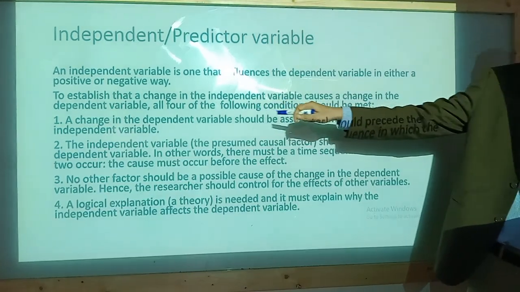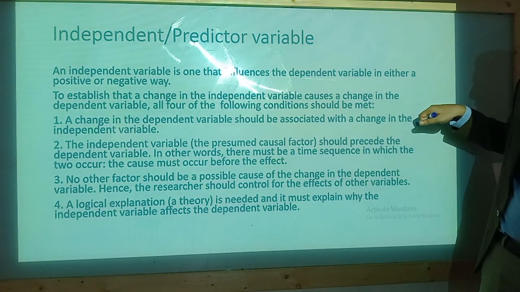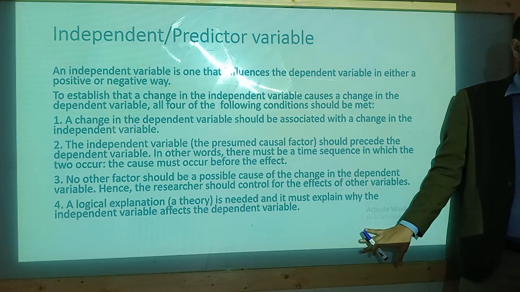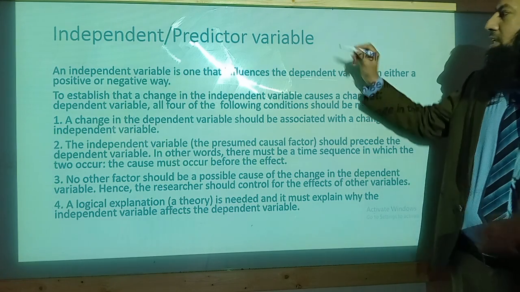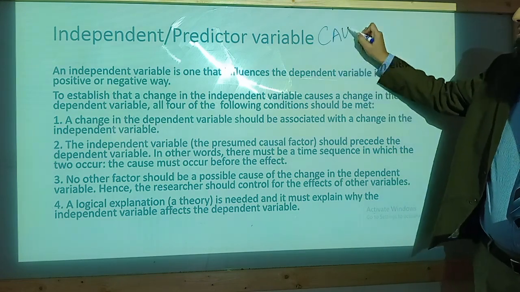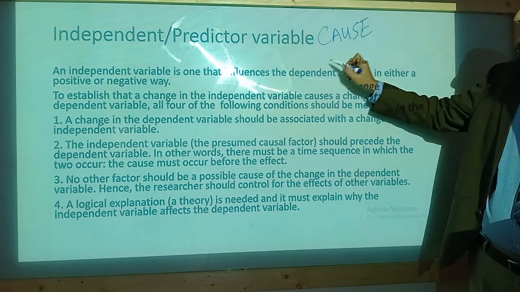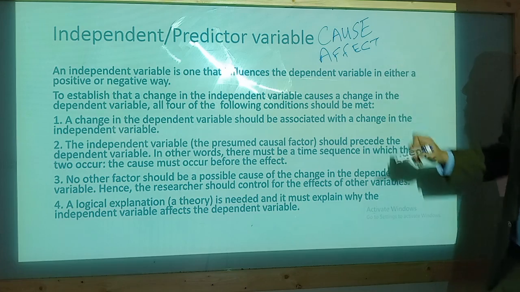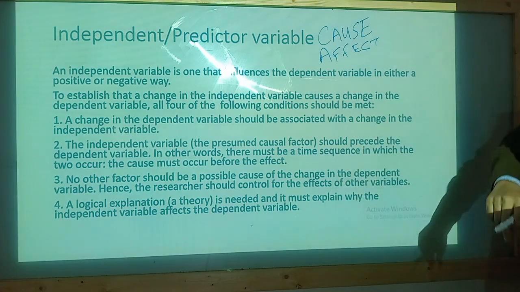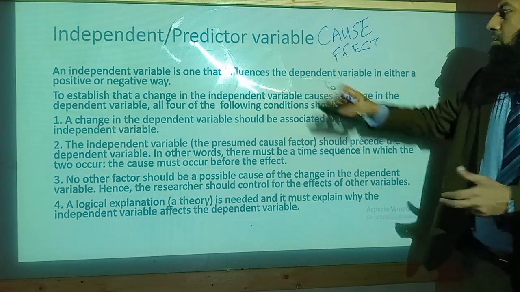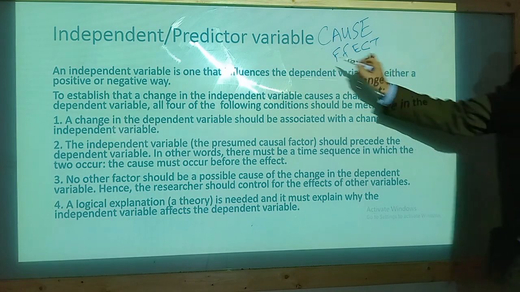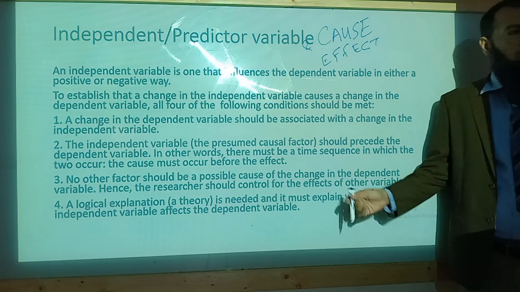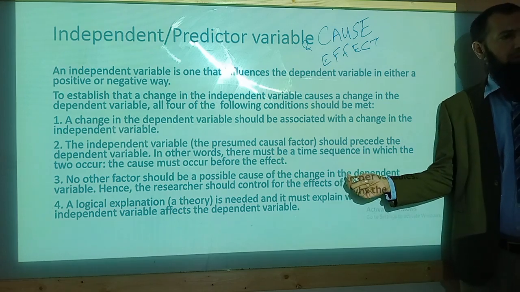A change in the dependent variable should be associated with the change in the independent variable. It is the ideal condition actually, and it is for the cause and effect relationship. Write it down: cause and effect relationship. So this is the ideal scenario actually.